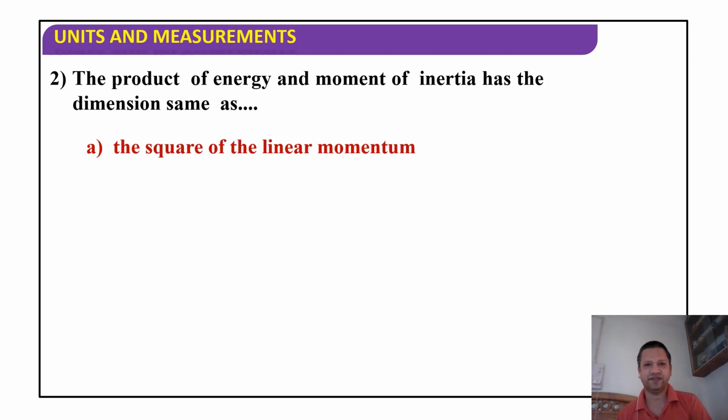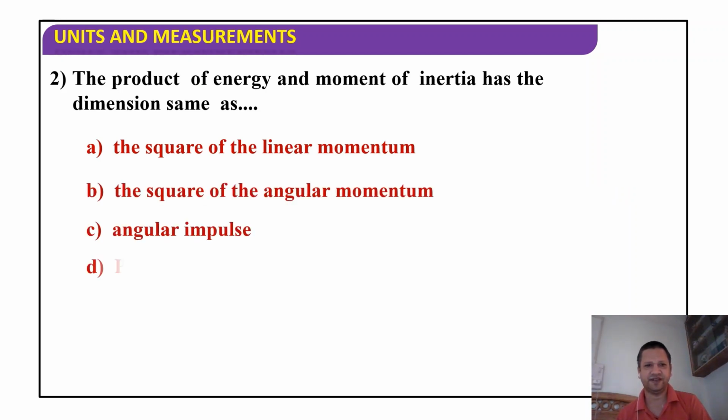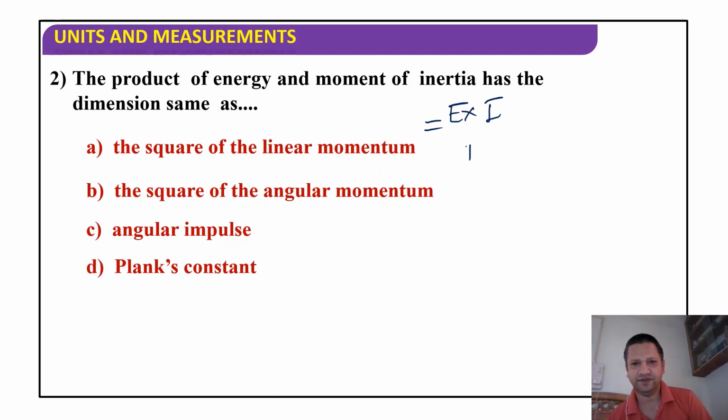The product of the energy and the moment of inertia has the same dimension as which of these? So energy and moment of inertia. Energy we write down as ML2 T minus 2, and for moment of inertia, mass, sorry, MR square. So it becomes M square.